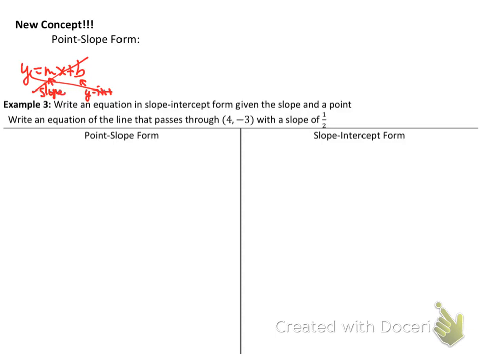And point-slope form is going to look like y minus y1 equals m times the quantity x minus x1.